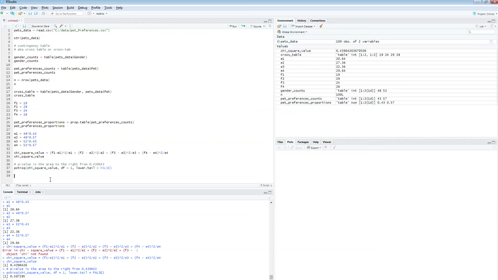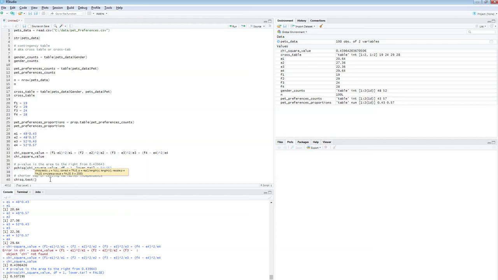Let me show you. Okay, so I'm gonna put a comment here: shorter way of testing variables independence. Okay, so it's done by using the function chi-squared test, as you probably have guessed.